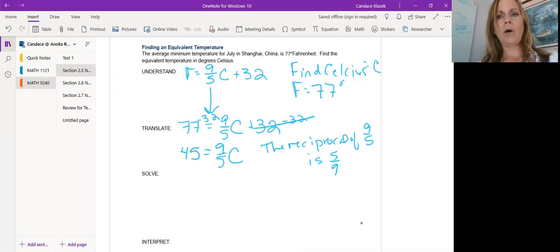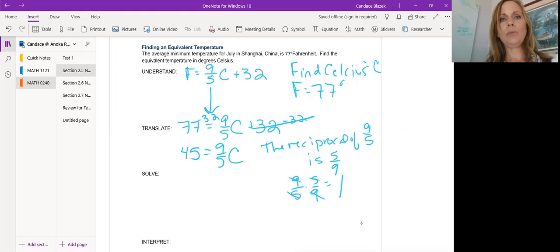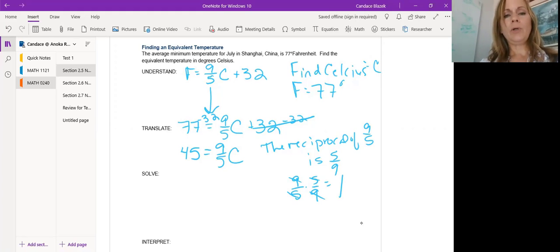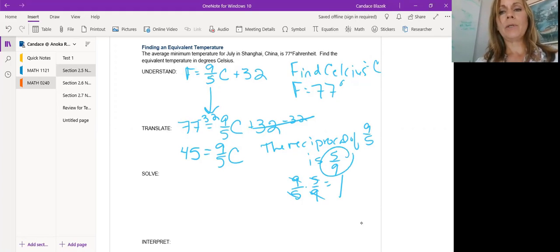And a wonderful thing about reciprocals is when we multiply reciprocals, notice we get all this canceling and it equals 1. So when you multiply reciprocals, it equals 1. So we're going to multiply both sides by this reciprocal 5/9. And we'll say 5/9 times 45 is equal to 5/9 times 9/5 C.